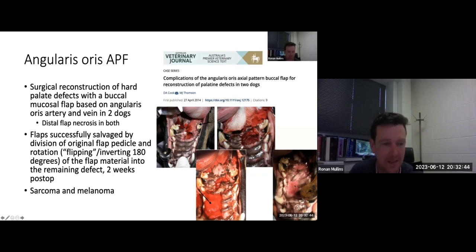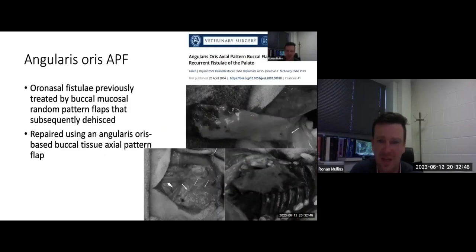And then they created a random pattern mucoperiosteal flap to augment that first flap and achieve successful healing in both cases. Another example of use of it for recurrent oronasal fistula, and again, this image just really nicely shows you, there isn't skin involved with this flap. This is just buccal mucosa, but with the angularis oris, and that's basically brought into the mouth and sutured into position.